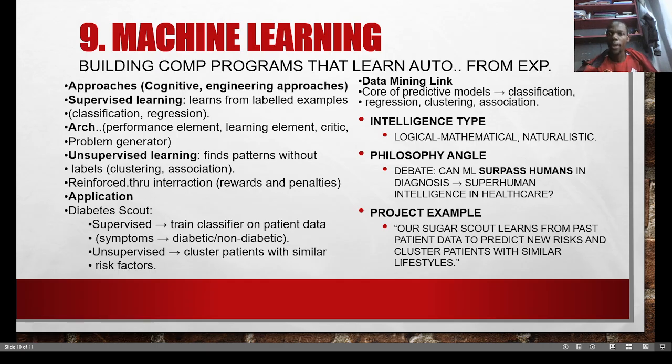So here we have different types of machine learning: supervised, unsupervised, and reinforced. Supervised, the machines learn using labeled data. So we feed in data that is labeled, and the machine learns using that data.